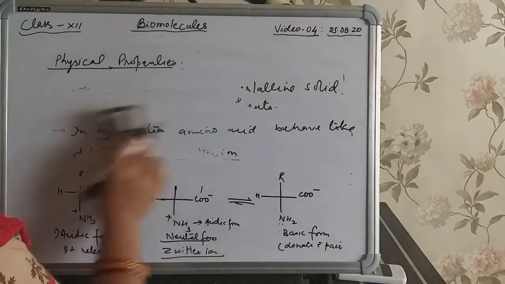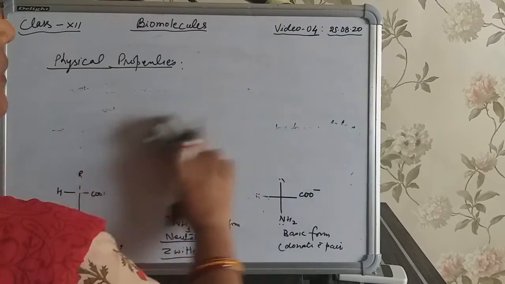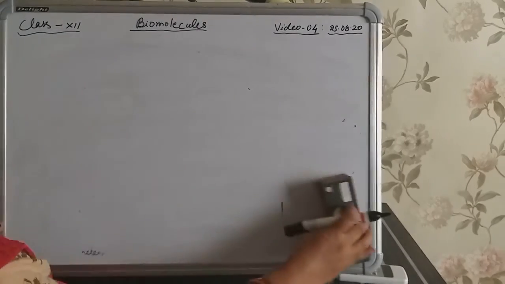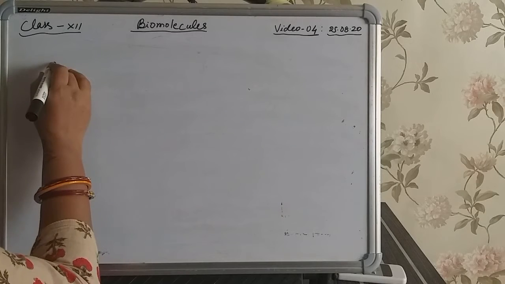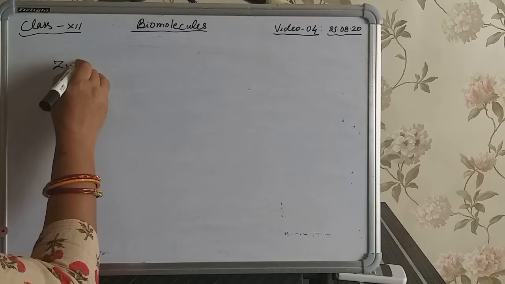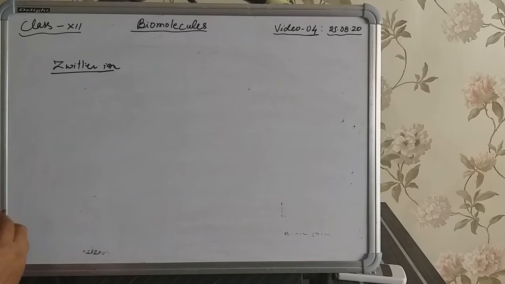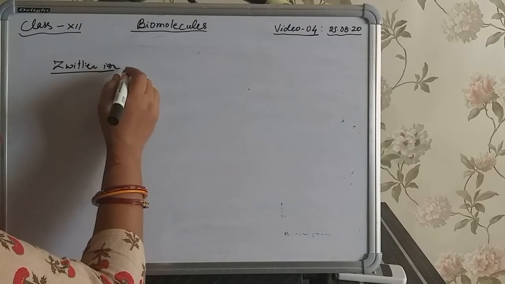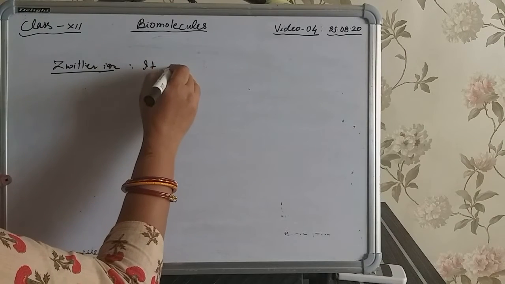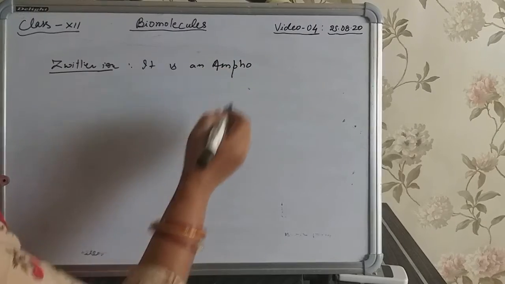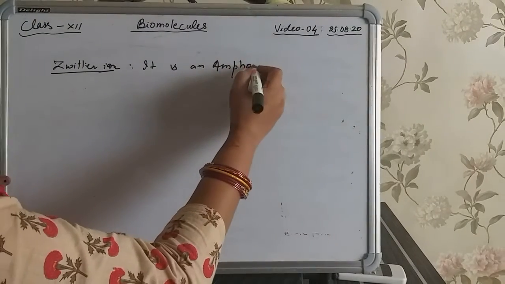So let's define the Zwitter ion. Simply write down, what is Zwitter ion? Zwitter ion is an amphoteric ion, because it behaves like acidic as well as basic.